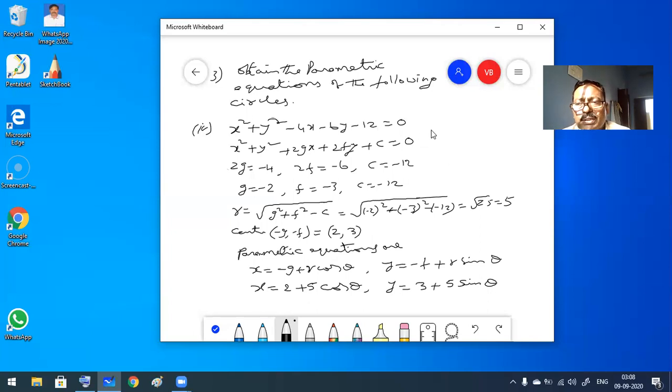For different types of circle equations, we can obtain the parametric equations. So whichever circle equation is given, we can obtain the parametric equations. Go through the textbook exercise and do some examples for practice.